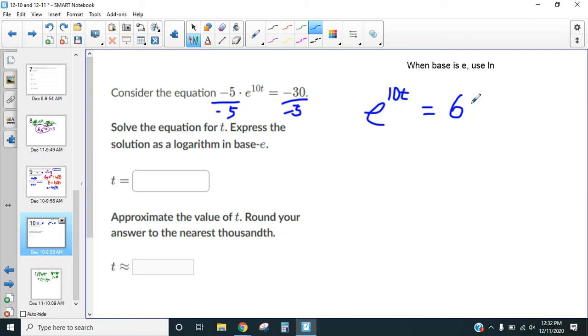The next thing to do is get rid of the e. What's the inverse of e? After that whole explanation, somebody please tell me what's the inverse of base e? Natural log. So I'm going to do natural log to both sides. Both sides.